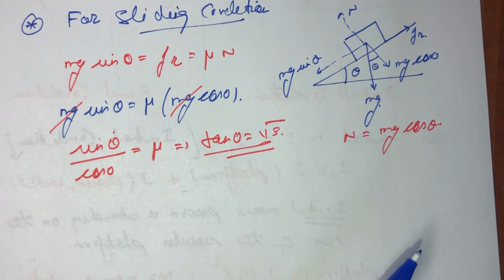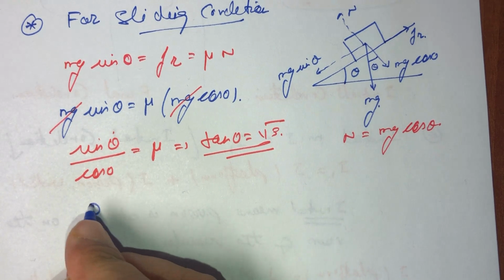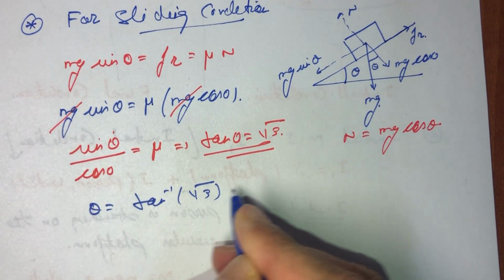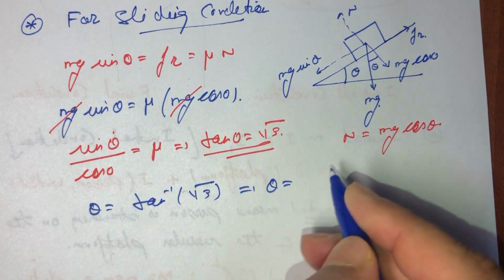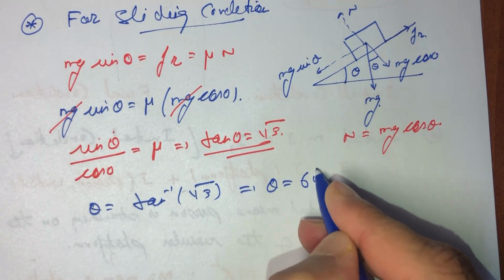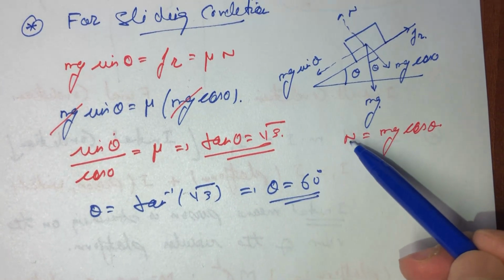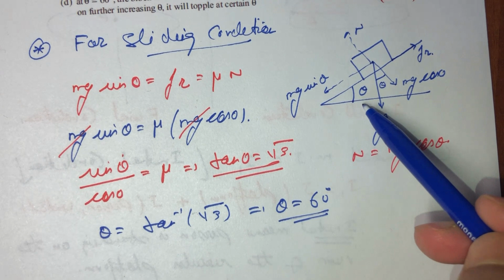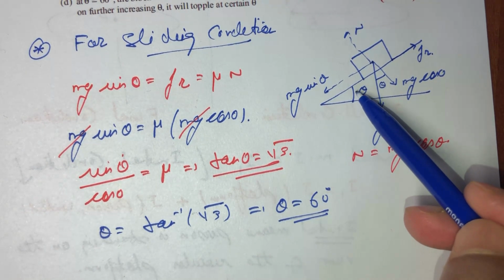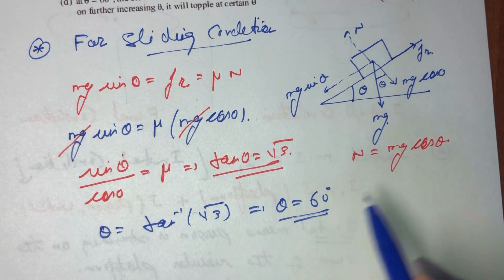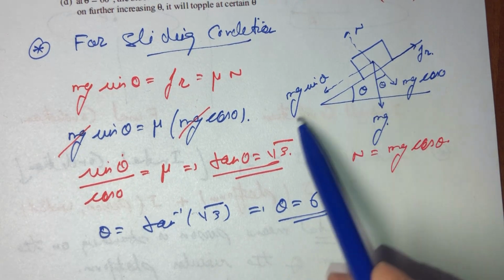So the value of theta will be equal to tangent inverse of square root of 3, or theta will be equal to 60 degree. So as theta is gradually increased from 0 to 60 degree, at that particular moment when the angle reaches 60 degree, this block starts to slide.